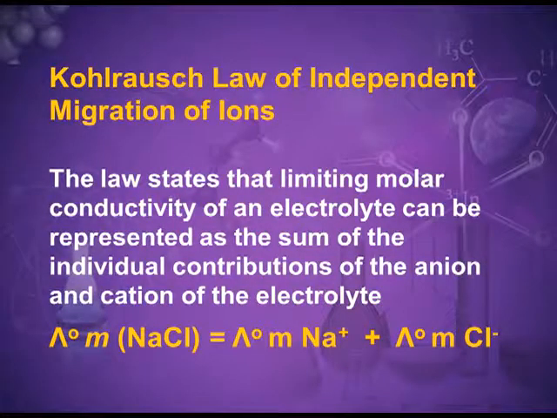Then what is the method by which we can find out the lambda m value for weak electrolytes? That is Kohlrausch's law. Let me explain what Kohlrausch's law is: Kohlrausch's law of independent migration of ions.